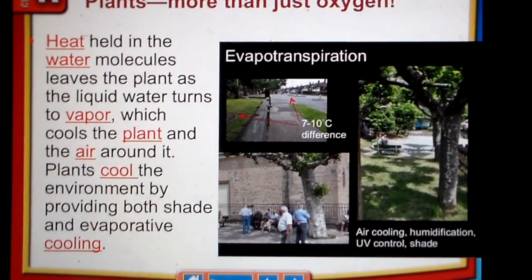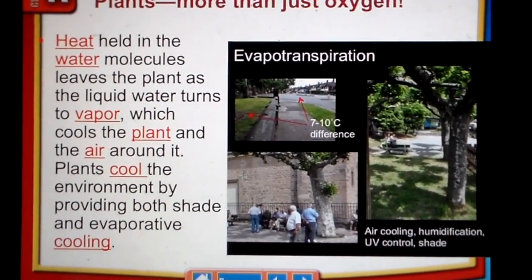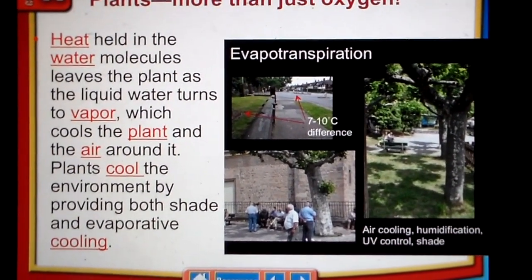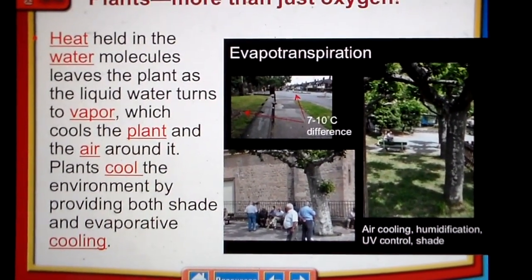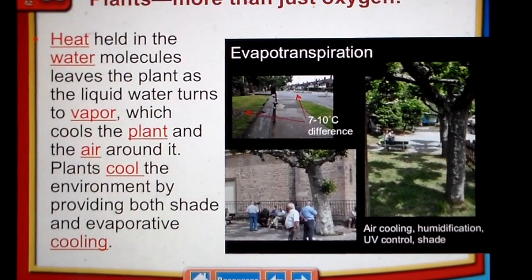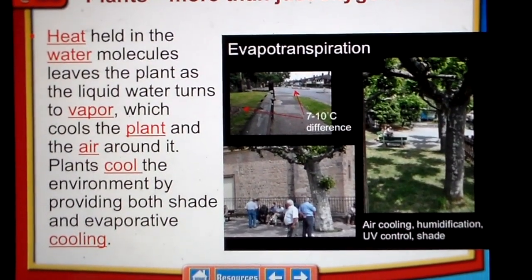So plants do this amazing service through the water cycle and through this transpiration process by not only moving water into the atmosphere, but also moving heat out of plants and off of the ground.